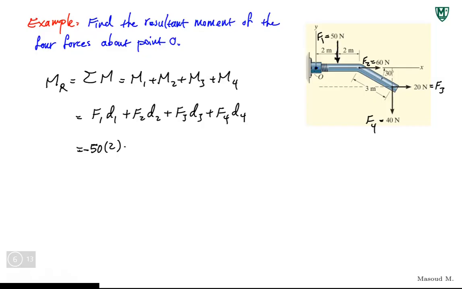Exactly. So F2 is 60 newtons. What is the D value? I'm finding the moment about O. What is the perpendicular distance between the line of action of this force and O? 0, exactly.